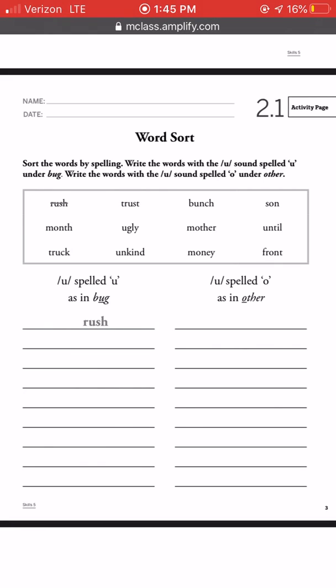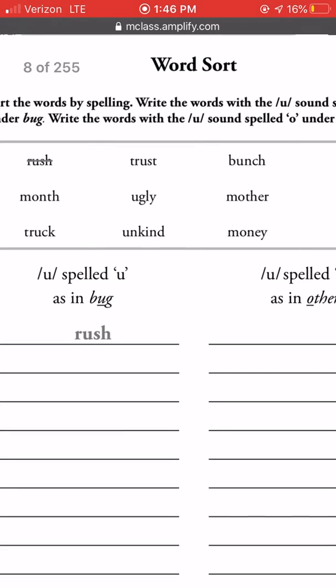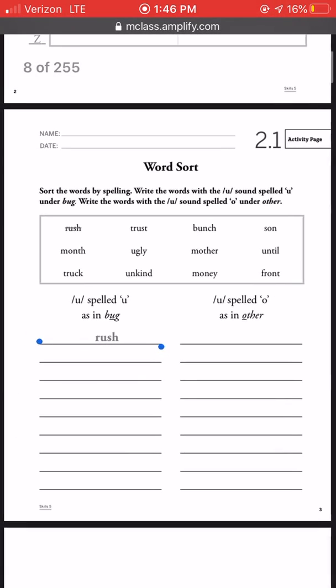So the first one was already done for us. The first word was rush. Rush. The letter that makes the sound is U. So it is going to go under the U column. U as in bug. Spelled U as in bug.